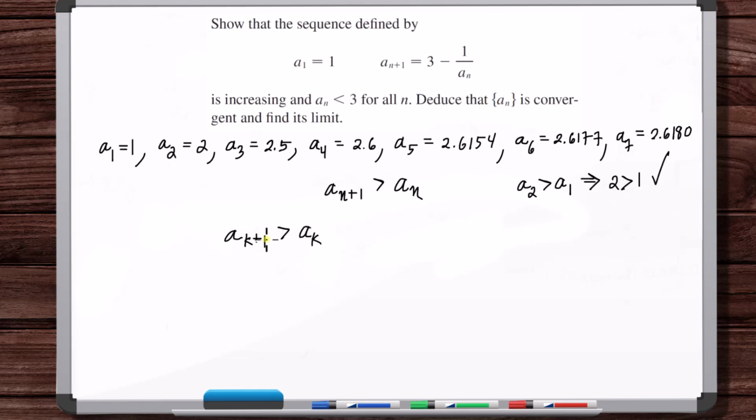If we show that, then by mathematical induction, we've proven that this is true for all n. We're going to use the main formula and try to put this into a form like this. First, let's divide both sides by a sub k plus 1.